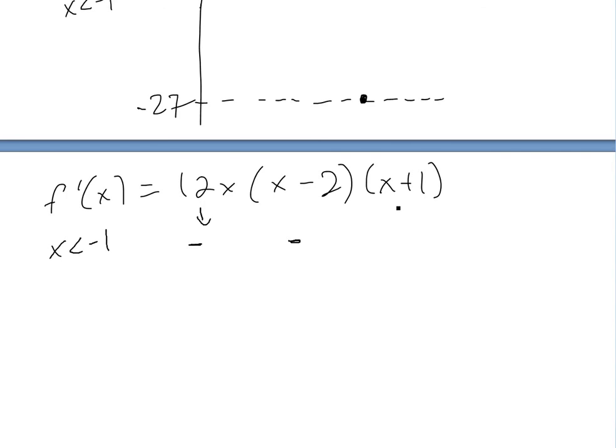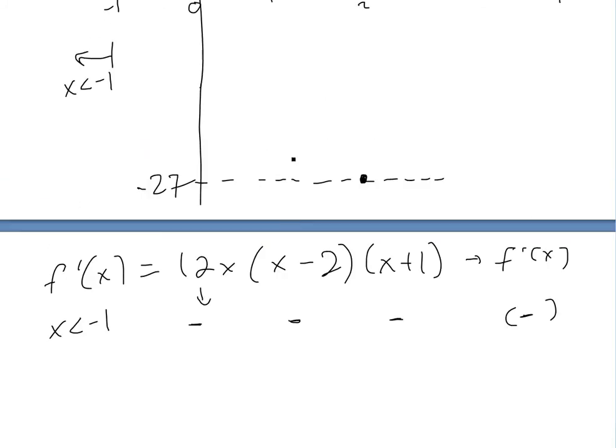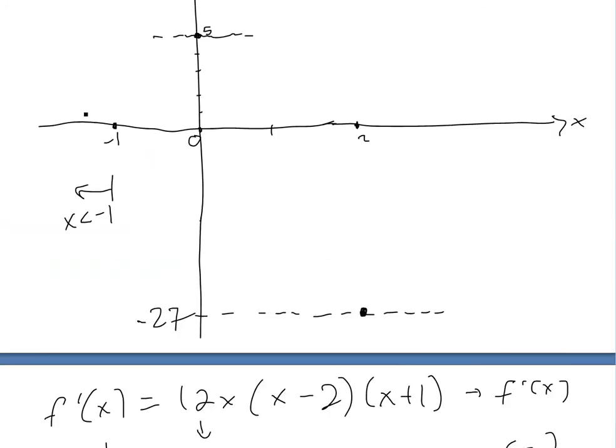Now for this last factor, if you put anything less than -1, let's say -2, this one is going to be negative as well. So here we're going to have a negative times a negative, which is positive, times another negative. So then f prime of x is going to be negative, so this is decreasing here. So it's going to be something like this. This one is negative, so we got this one.